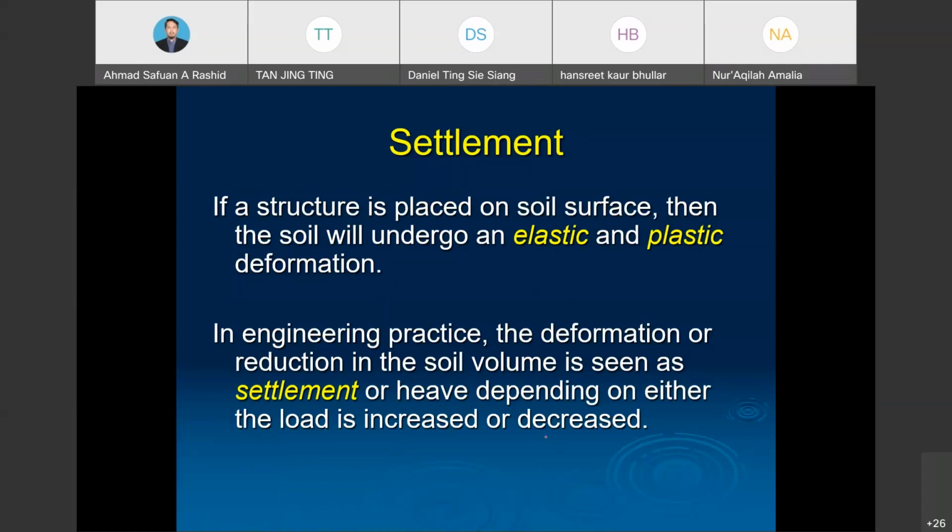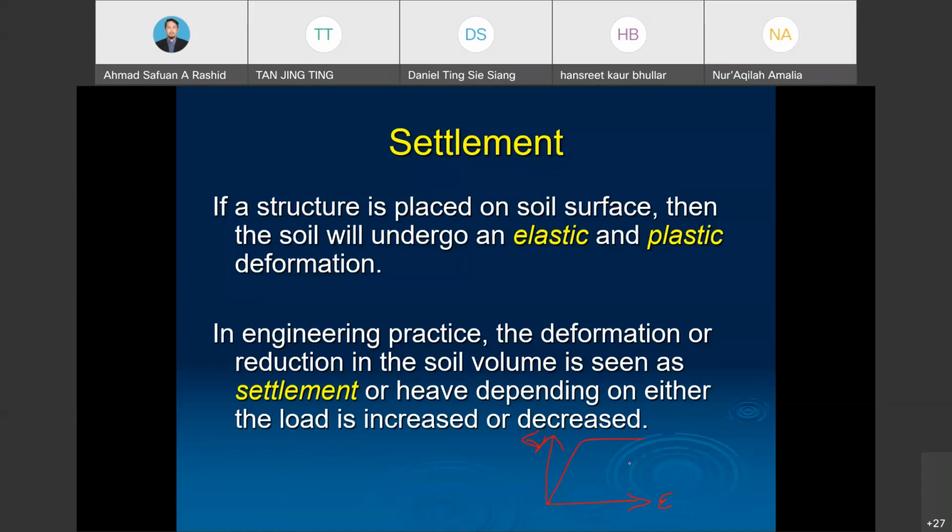For example, this is a stress and strain curve. For soil, normally it behaves like this. We call it a ductile failure. If we load the soil up to a certain yield point, it may reach the plastic condition.